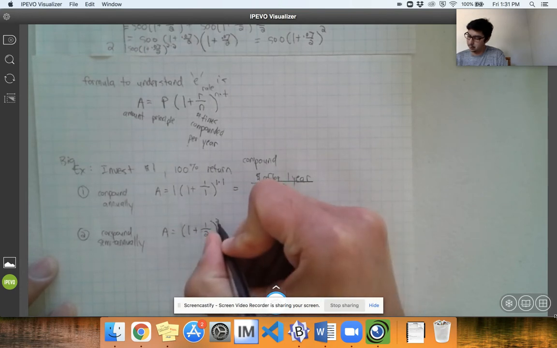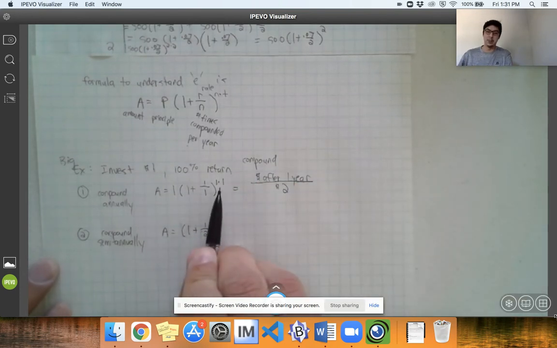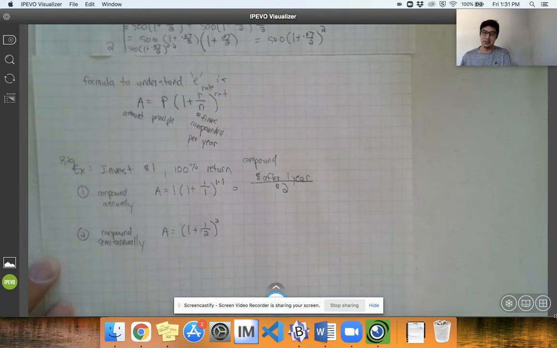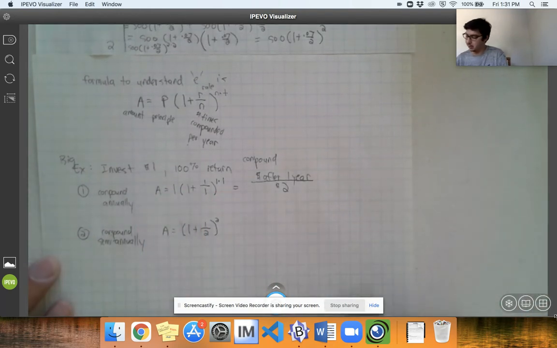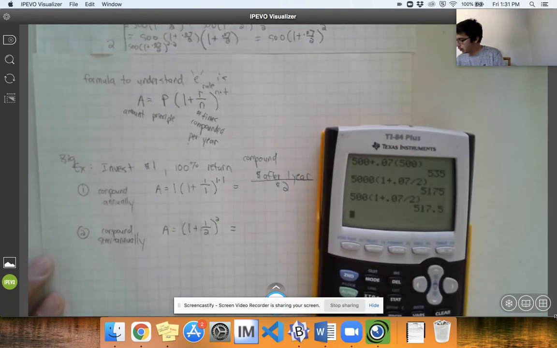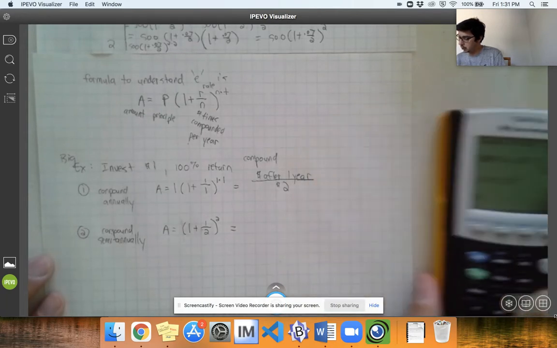And notice I'm also going to put the times 1 because we're assuming 1 year. So I'm just going to start ignoring those when I write this. If you put that in a calculator, what do you get? 1 plus 1 over 2 to the second, we'd be at $2.25.